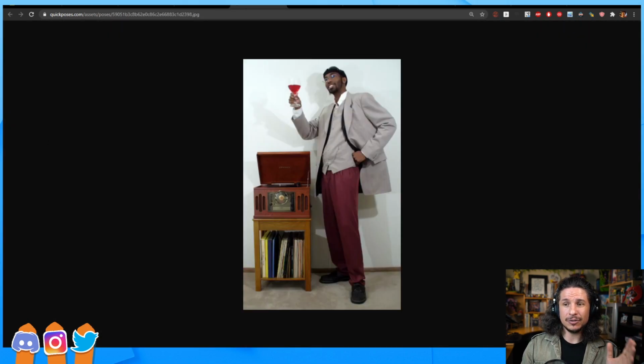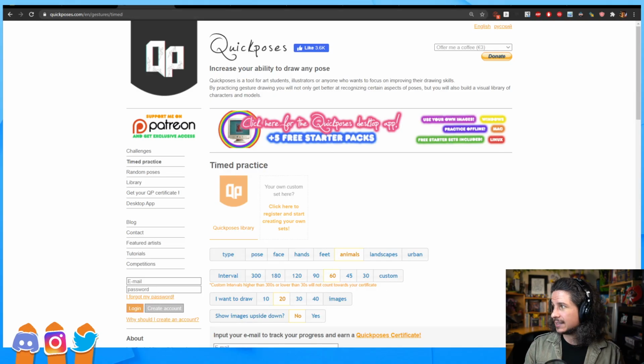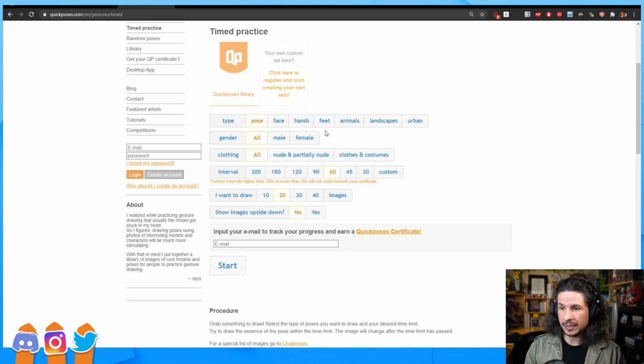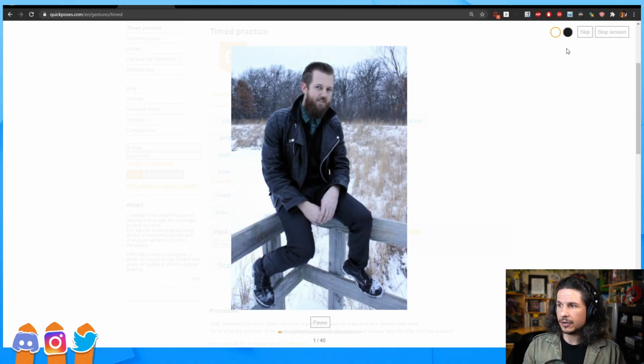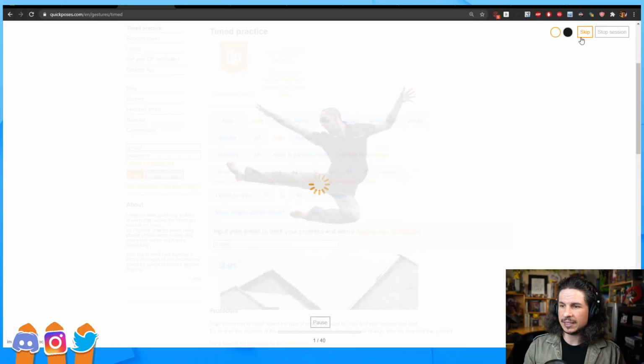So you just want to go through and get a collection of poses. Now, one nice thing that I like about QuickPose specifically is if I go in here and let's set this back. There we go. And I'll just hit start. Let's say I go through this and I find a pose I really like.